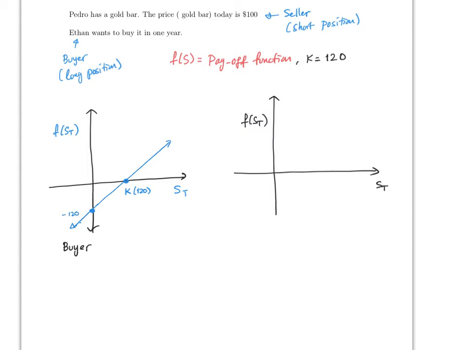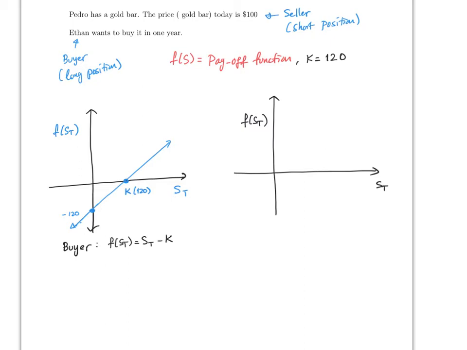From the view of the buyer, the payoff function is equal to S_T minus K, which technically is common sense. For example, let's say that in 1 year the price of gold is 140. Well, Ethan will only pay 120, and he will make $20 automatically, because 140 minus 120 gives you 20. So this represents the payoff function for the buyer.